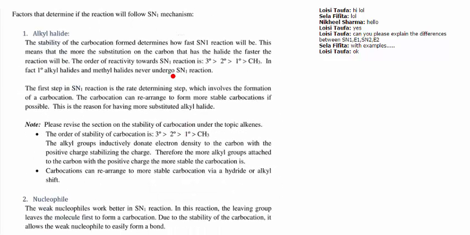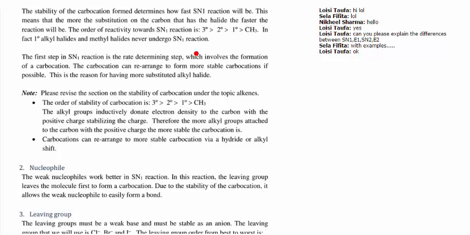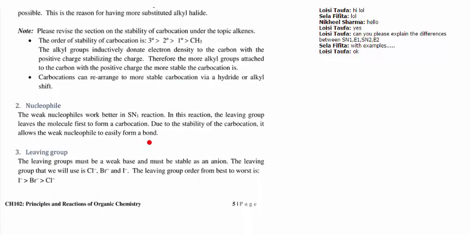The alkyl halides used for SN1 are tertiary and secondary alkyl halides, and primary alkyl halides, or any halides attached to a methyl group, do not undergo SN1. Weak nucleophiles are required for SN1. The leaving group is the same as for SN2.